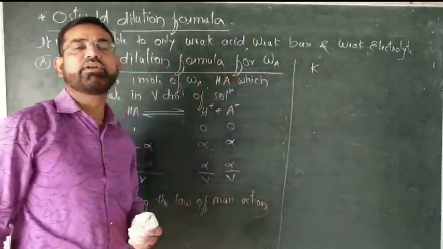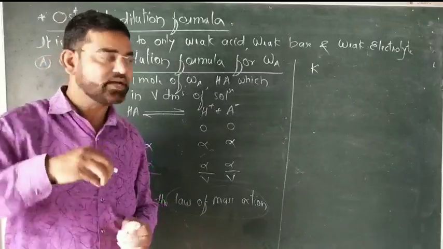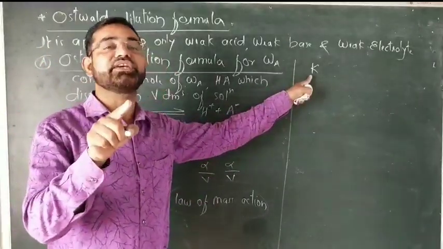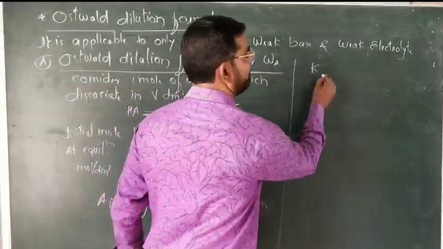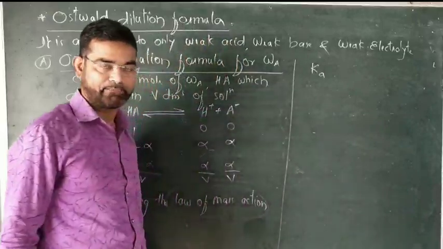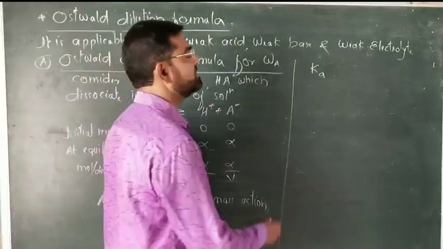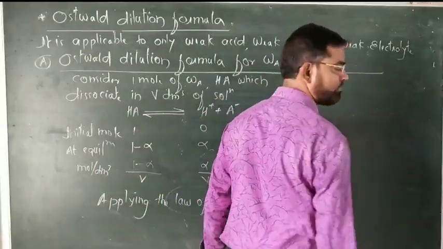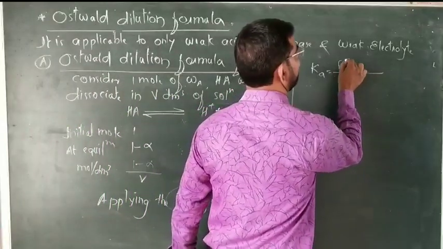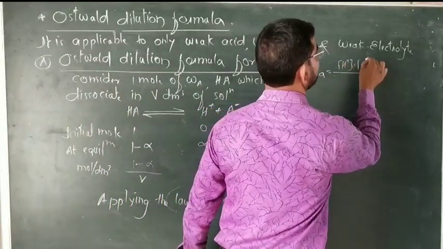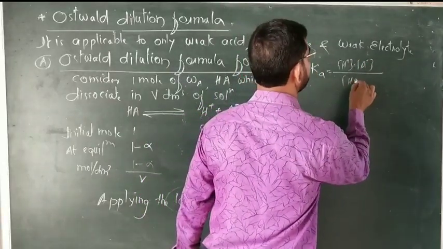K. What is K here? Generally we use K for the constant. Here K is the dissociation constant for weak acid, that's why we assign the symbol Ka. Ka, the dissociation constant for weak acid, is equal to the concentration of H plus ion into the concentration of A minus ion divided by the concentration of HA.